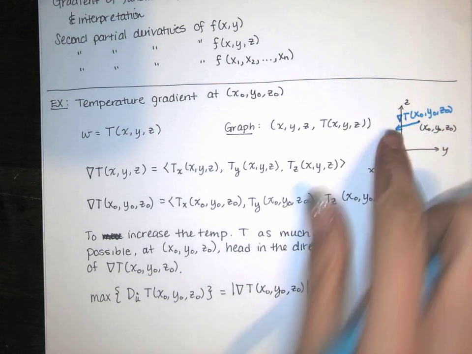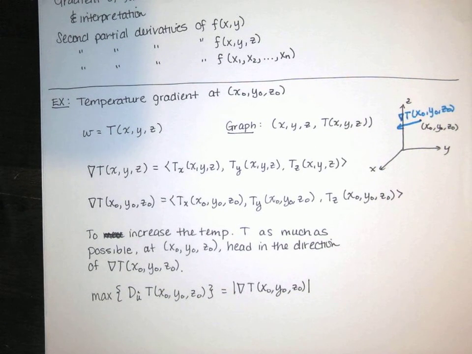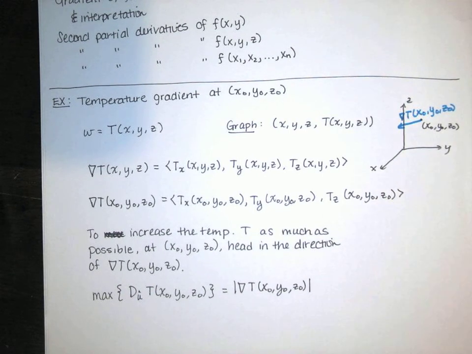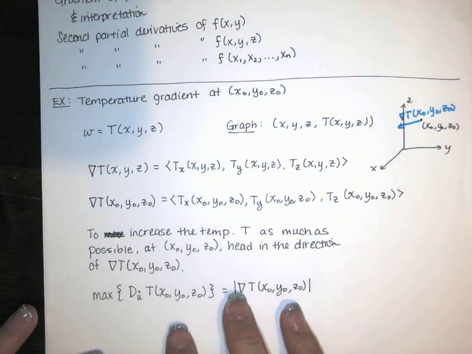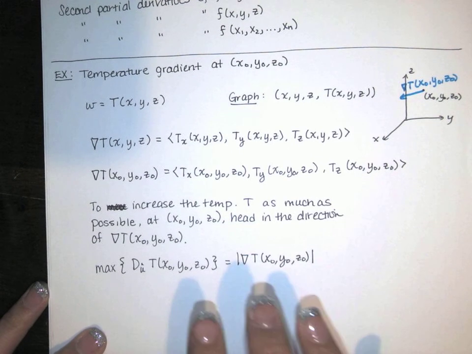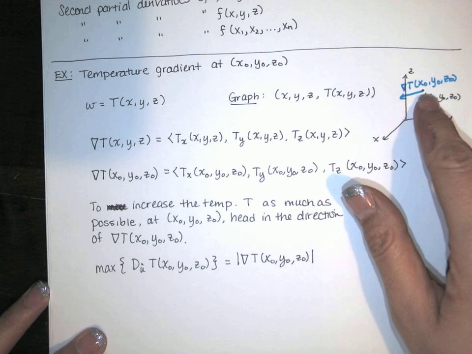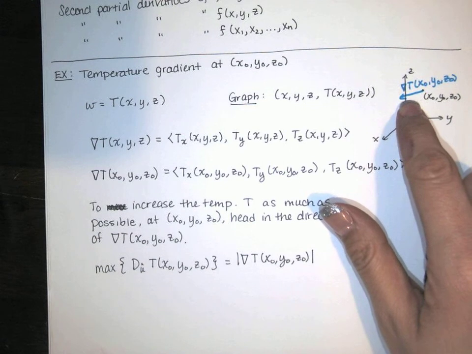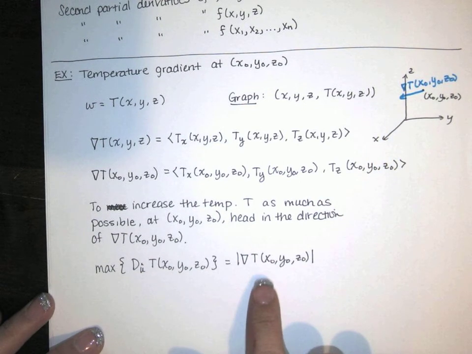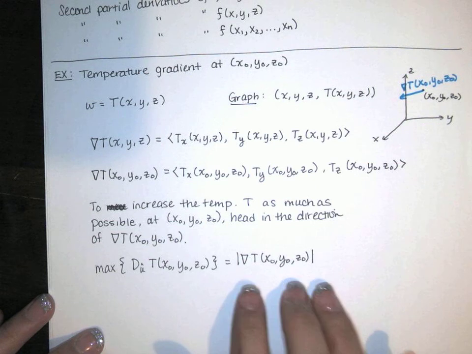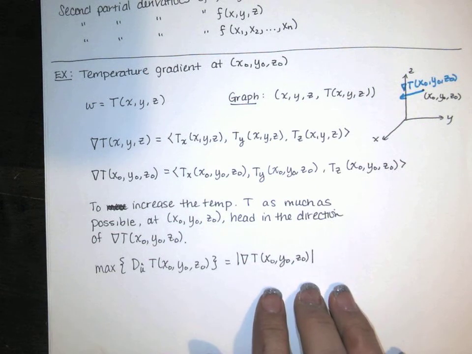So they're saying go that way, and then you say, okay, if I do go that way, what is the rate of increase in temperature as I take one step in that direction? The instantaneous rate of change of temperature as I make a 1 unit change along this direction of greatest increase is the magnitude of the gradient function evaluated at that point.